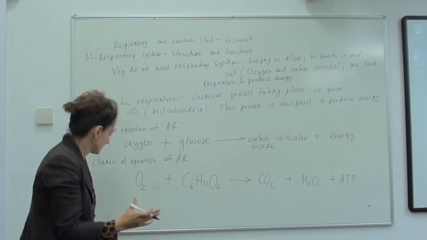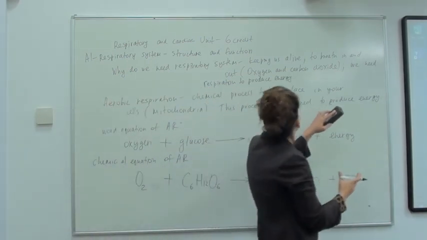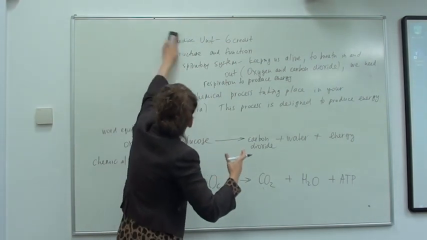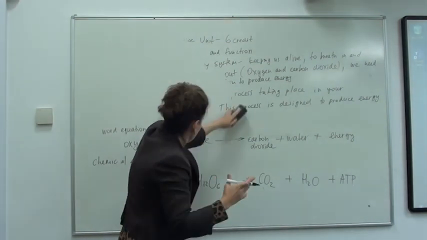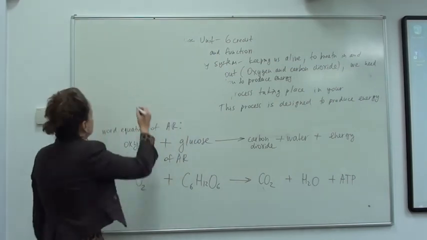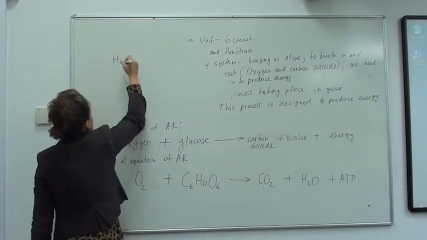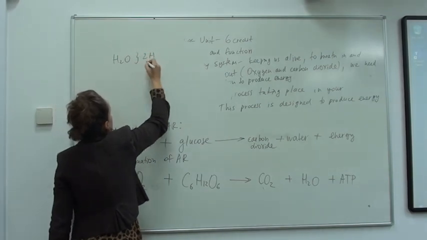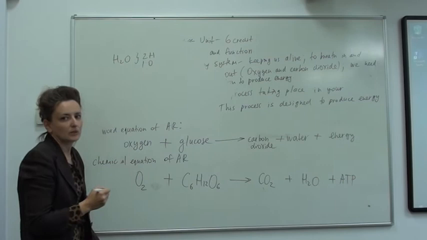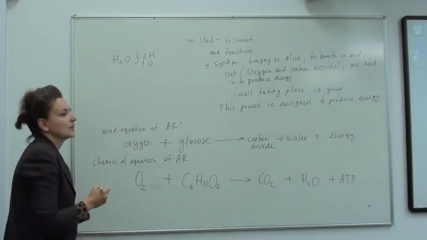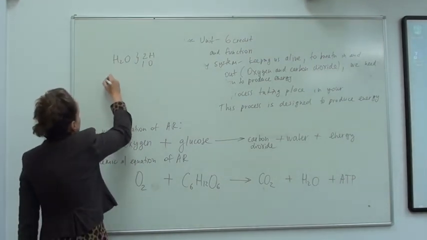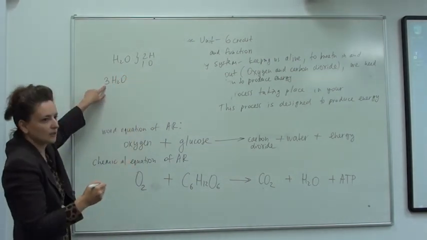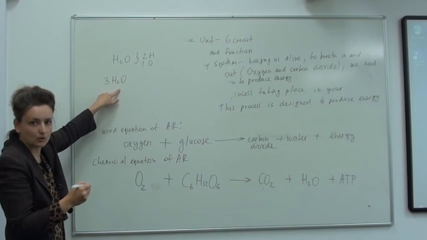So let me give you an example. Let's say I've got water, H2O. In this scenario I have 2 hydrogens and 1 oxygen. Do you agree with that? If I put 3 in front of H2O, that means I have 3 lots of H2O.